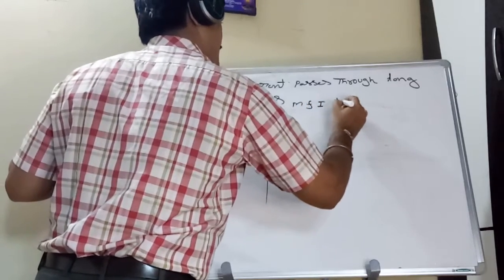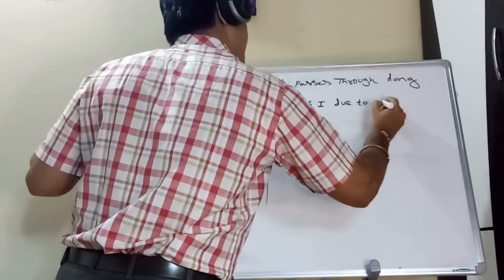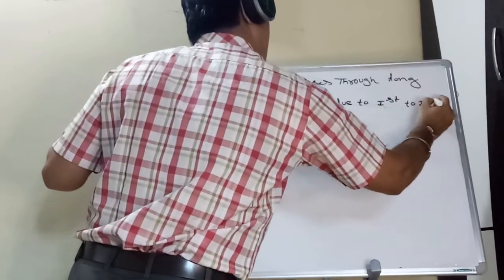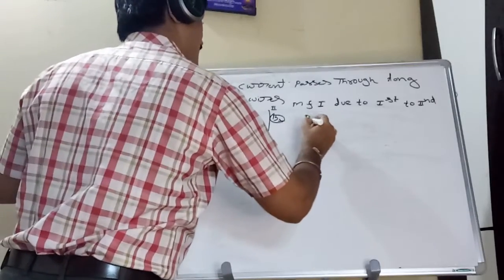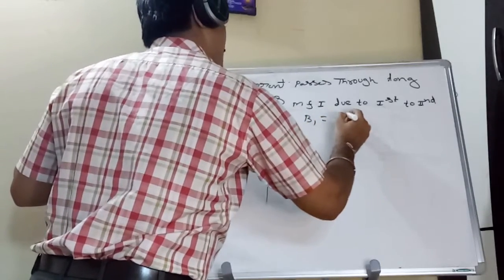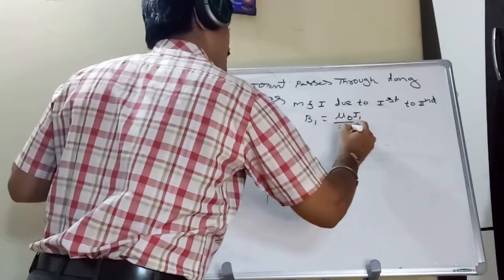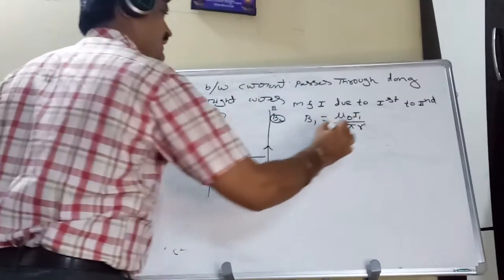The magnetic field induction due to the first wire at the second is B1 equal to mu naught I1 by 2 pi R. This is the first equation.